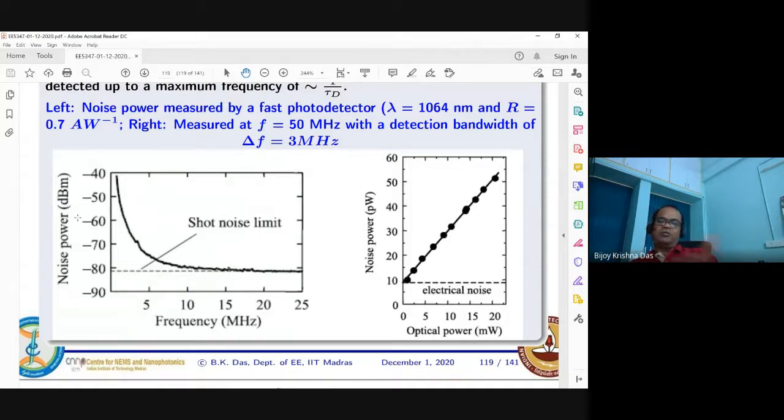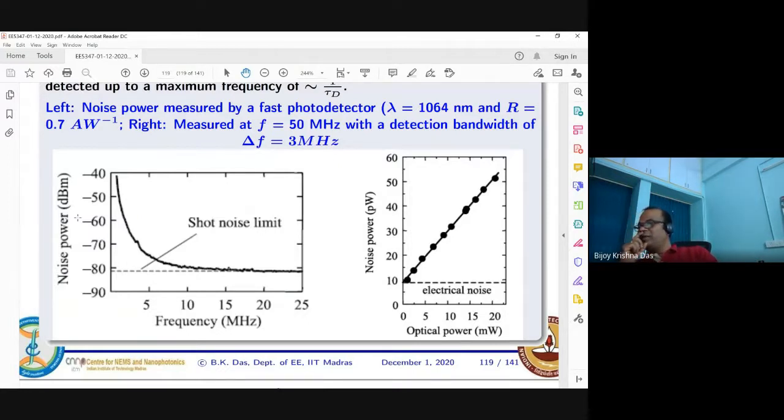Here also, whatever delta square RL you are getting, that is your electrical power, right? That electrical power you are just converting into milliwatt and then showing in dBm. For example, say minus 90 dBm.